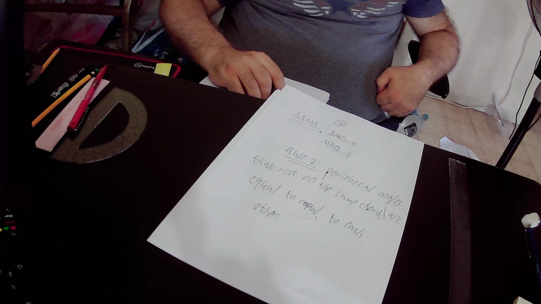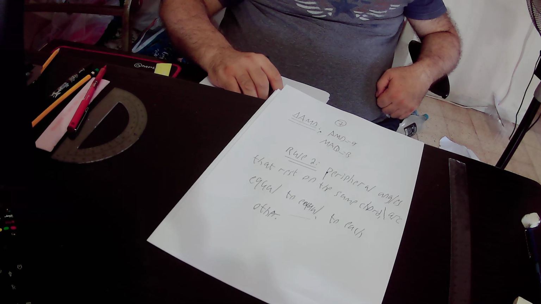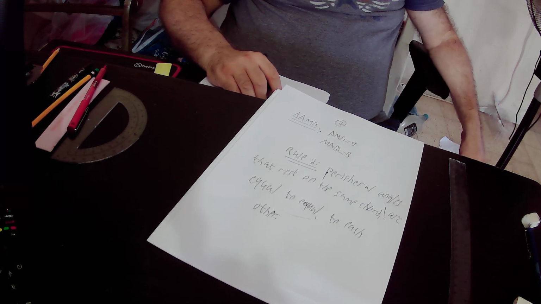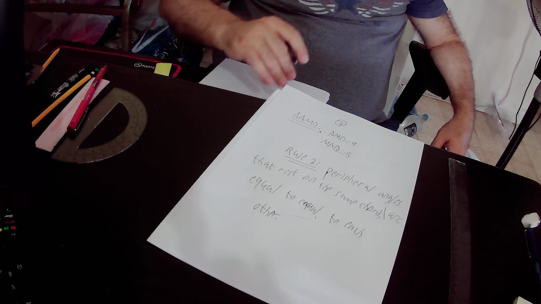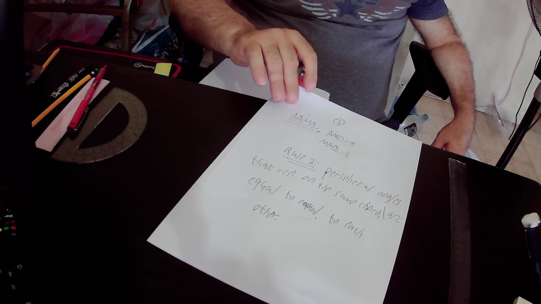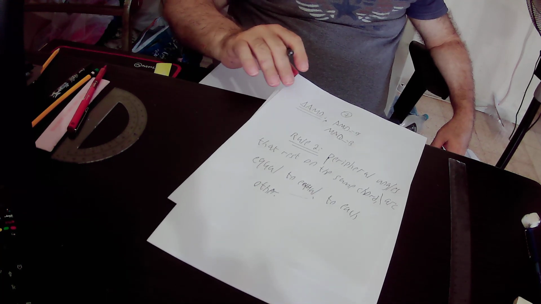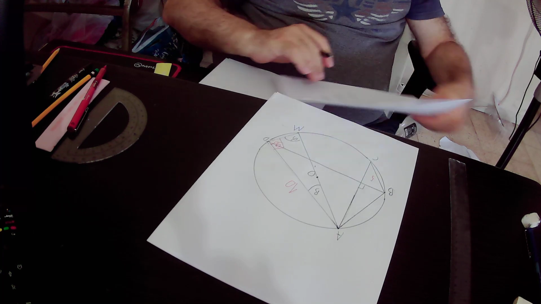Peripheral angles that rest on the same chord or same arc equal each other. So I will show you an example of rule number 2.